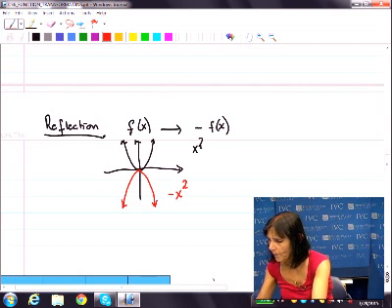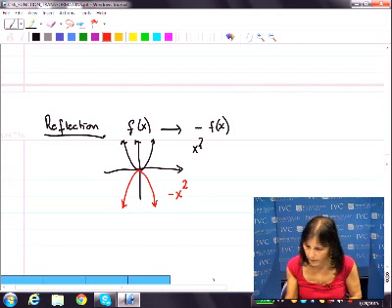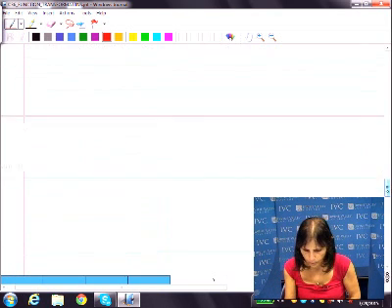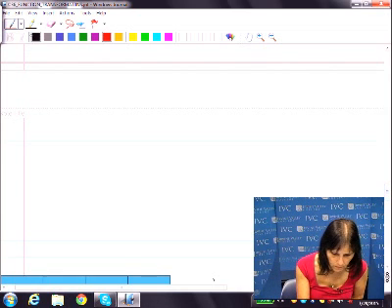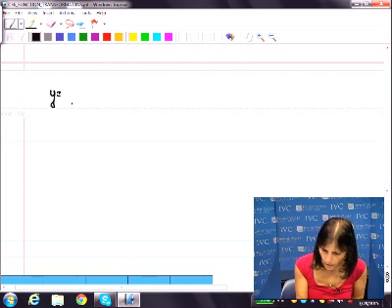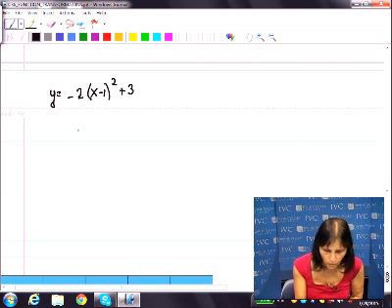Okay. Well, can we put all this together somehow? Let's do an example. I want to draw y equals negative 2 times x minus 1 squared plus 3. Okay, this is the order I do that.